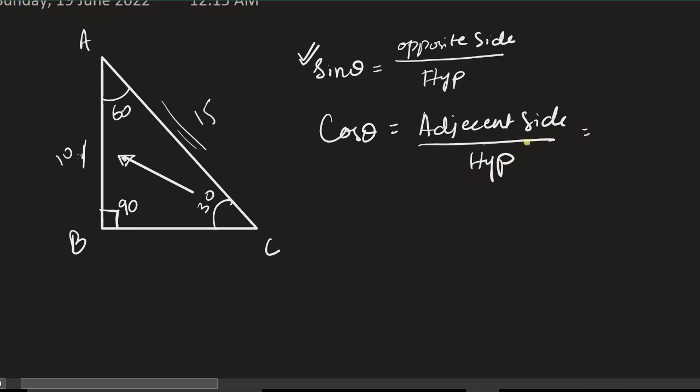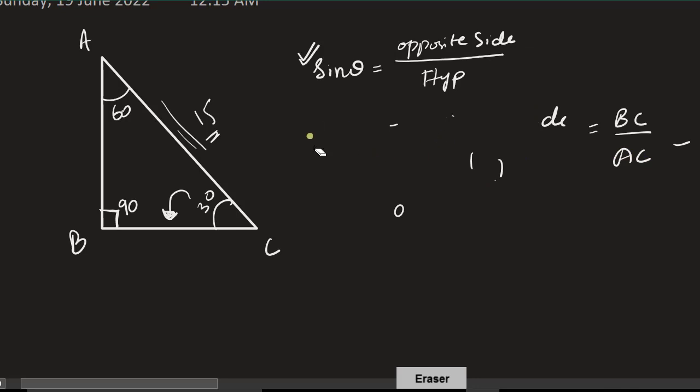So if we have to find cos 30, the adjacent side is this one, BC, divided by the hypotenuse AC, and so on. We are going to focus on sine theta only in this question.